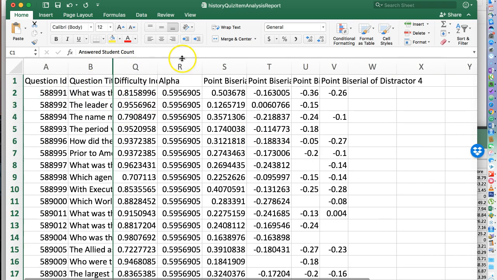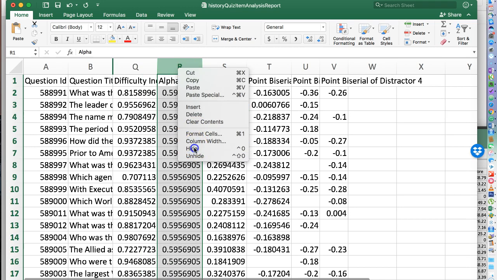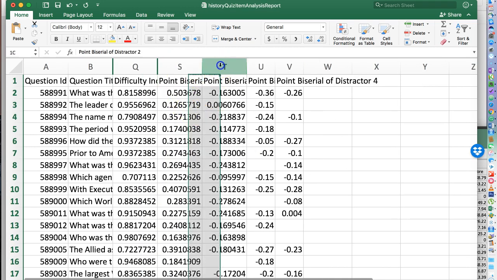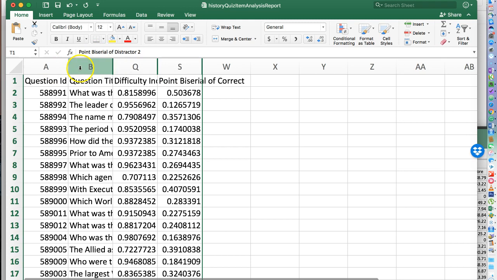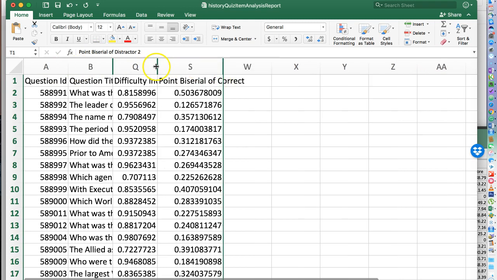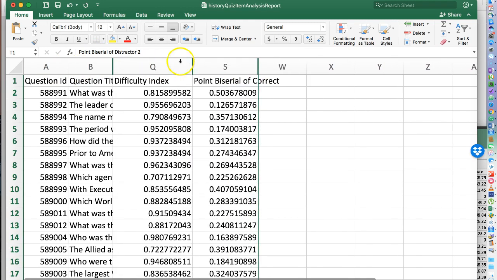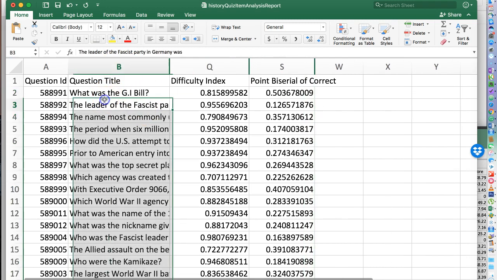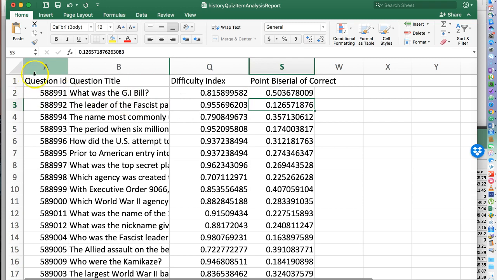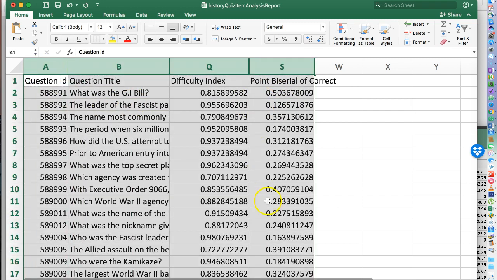Question ID is nice to refer to something. Hide the alpha. And we're not going to worry about the distractors. We're just going to be looking at the point biserial of correct, the difficulty index, and then information about the question. So these are the three things that you'll be looking at.